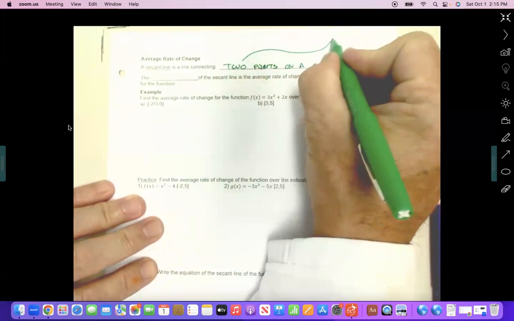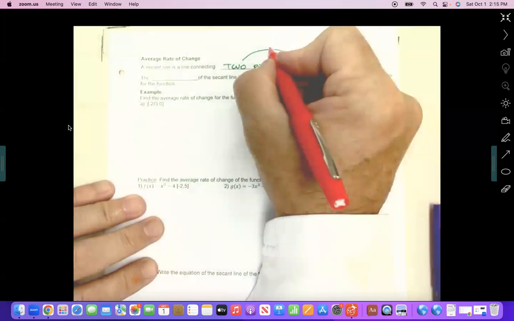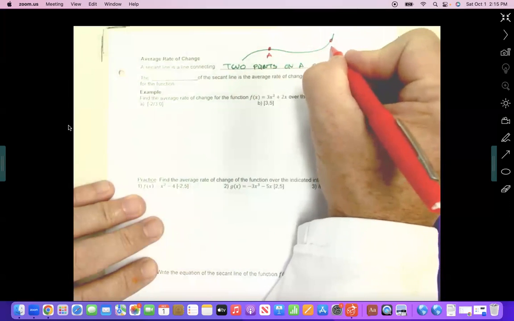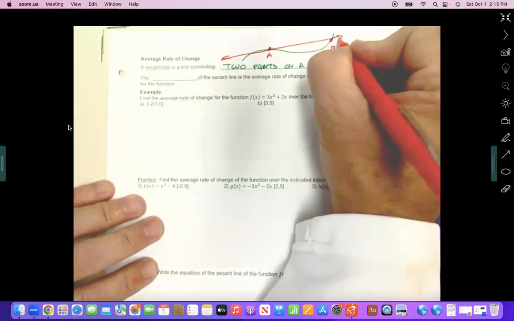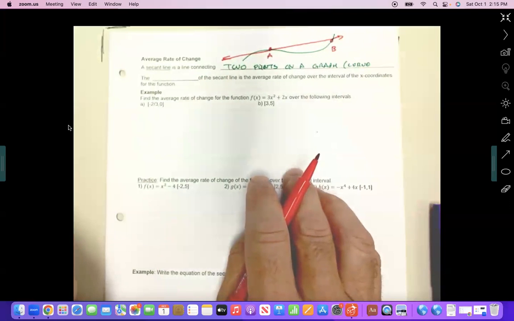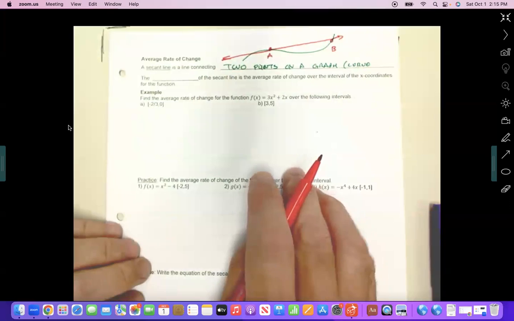So if I've got this little curve here, and I pick a point A and a point B, and then connect them, this line is called a secant line.